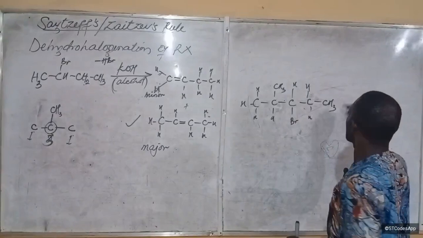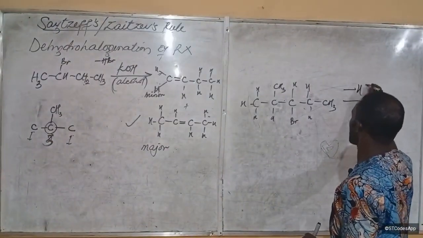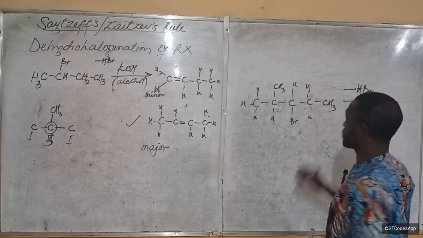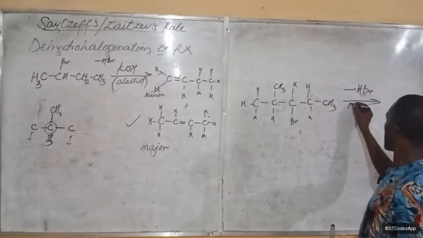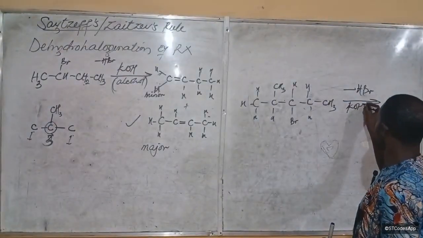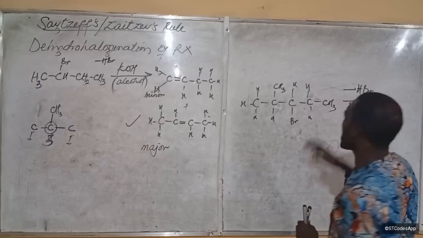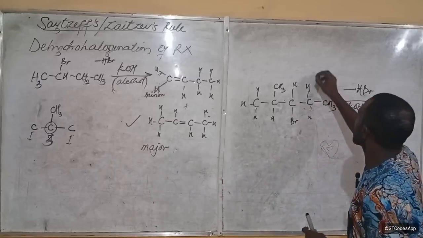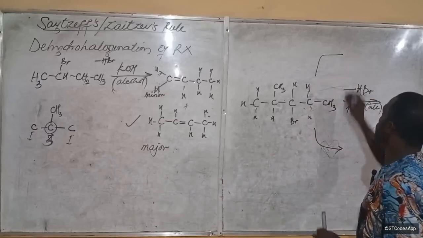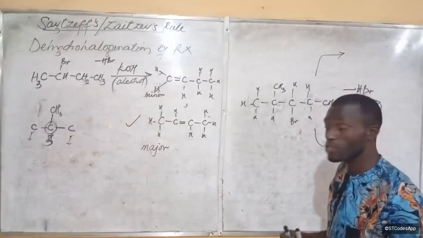Now we want to dehydrohalogenate, that is, we want to remove HBr from it, using alcoholic KOH, right? All right. Now, what are the possible products that we can form? Let me write the two possible products here. Now, you will tell me which one will be the major product.